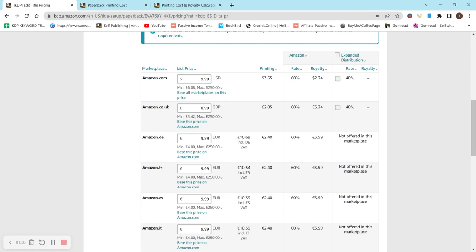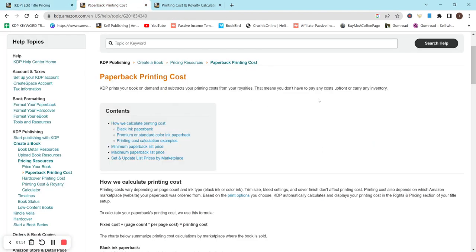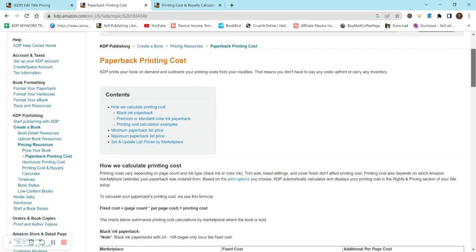So moving on to some of the informational pages that KDP has, I'm sure they have a few different ones, but this one is really helpful. It says paperback printing cost. I'm sure they also have them for hardcover, like right here is hardcover printing cost, and I'm sure there's somewhere that you could find information about the ebook, because with an ebook you don't have a printing cost.